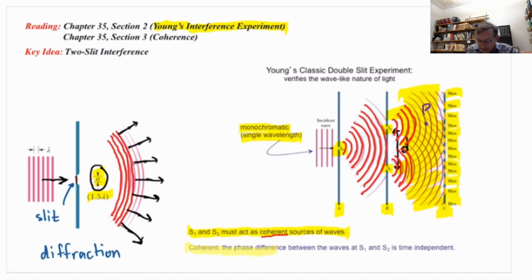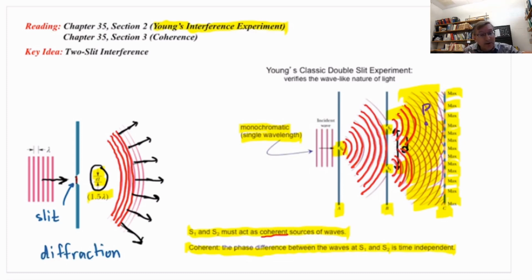It means the phase difference between the waves that are emanating from S1 and S2 must be always the same. Whatever phase difference there is between the light waves emanating from 1 and 2, it has to stay that way. And that's why Young needed to start with the first slit A with the one narrow slit, so that then you had that single wave front in the middle region impinging on screen B. And then he found that S1 and S2 would act like what are called coherent sources.